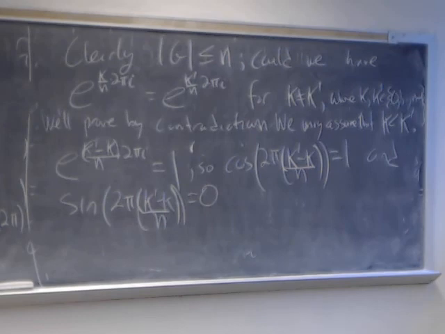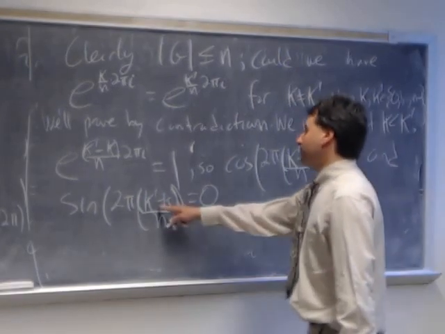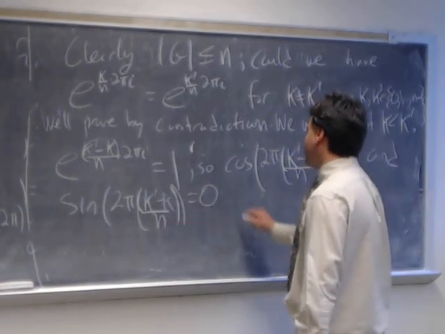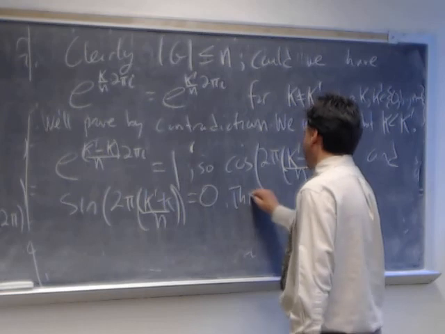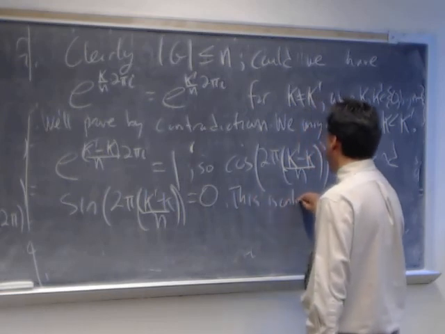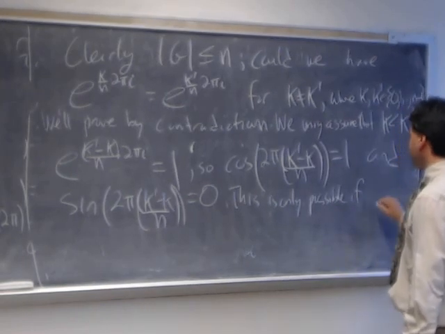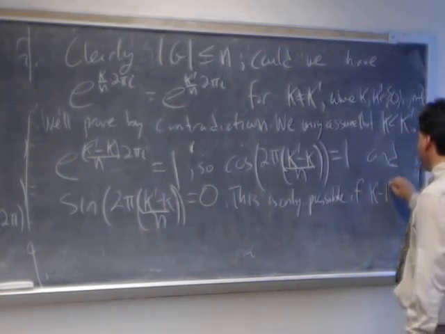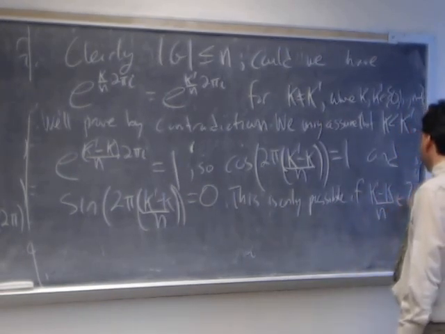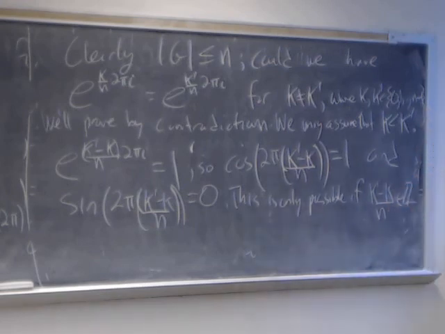But the only way this could happen is if K prime minus K over n is an integer. Right?